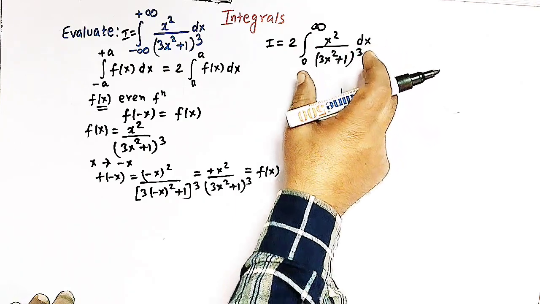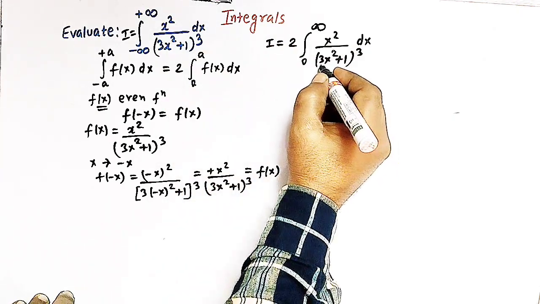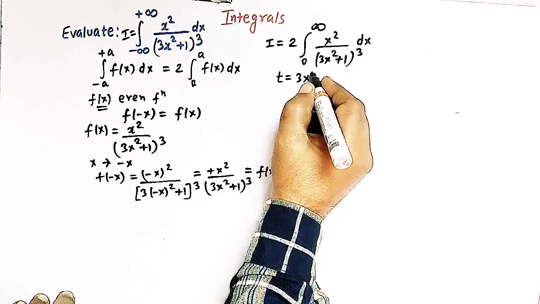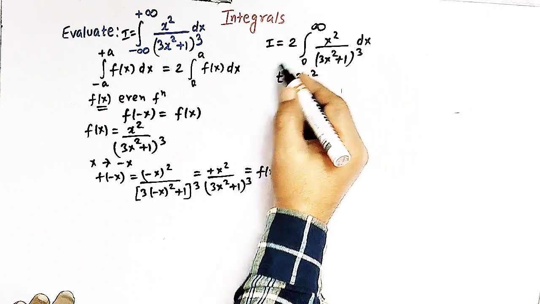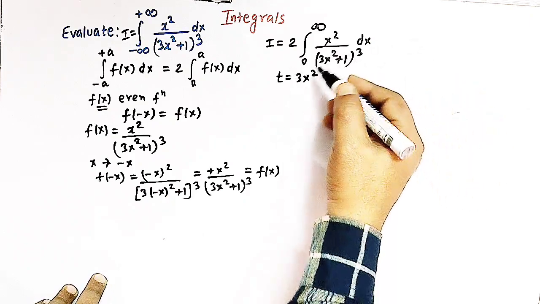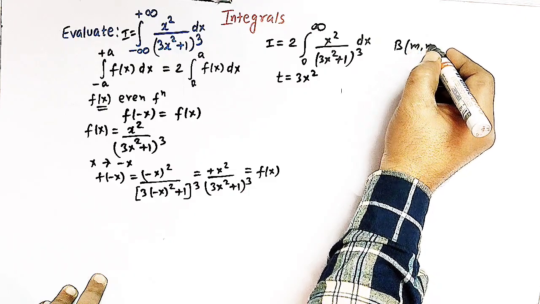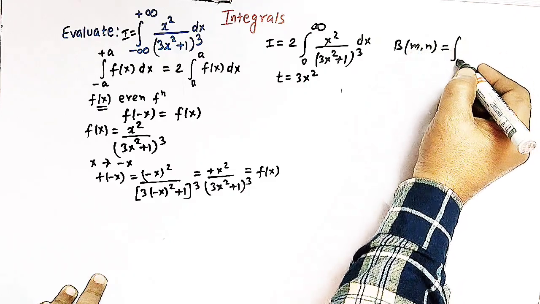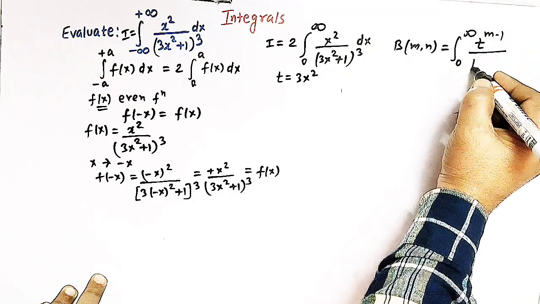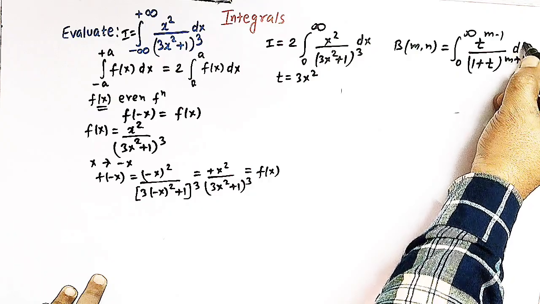Now we'll apply the method of substitution. Let us substitute t equal to 3x square, so that using this substitution we can reduce this integral into the beta function, that is, beta of m comma n is given by the integral from 0 to infinity of t raised to m minus 1 over (1 plus t) raised to m plus n, dt.